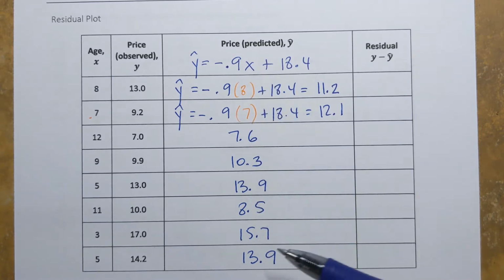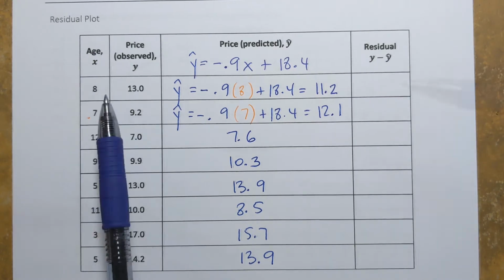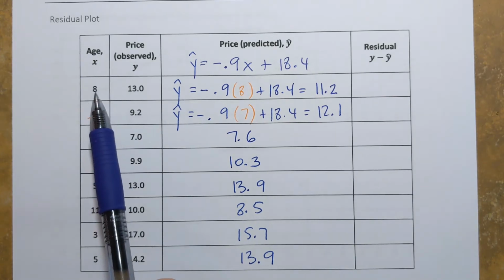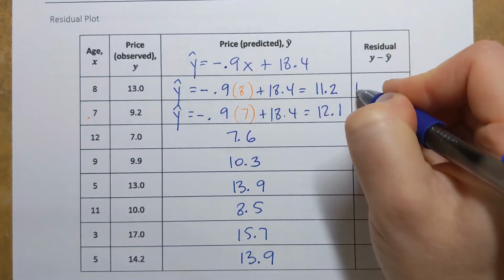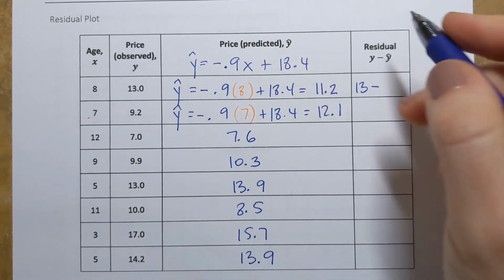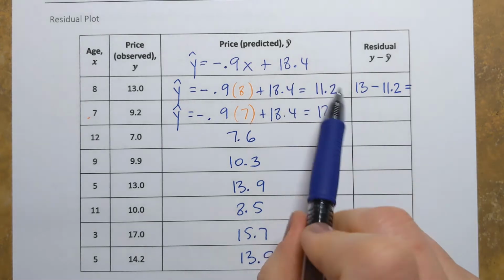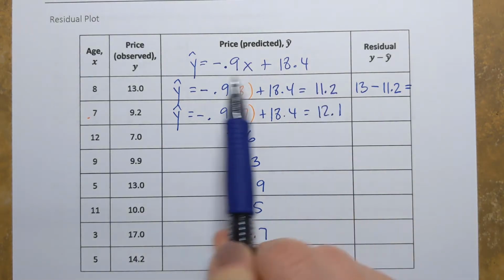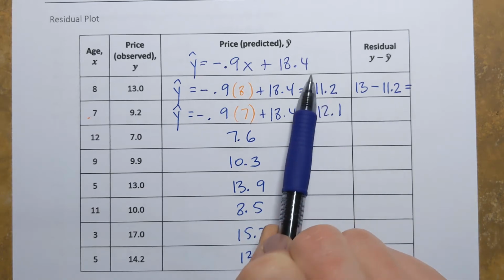So I plugged values of the explanatory variable into the regression equation one by one, and these are the values I obtained. Next, we're going to complete the last column, the one called residual. For each value of the explanatory variable, we take the observed price, that's 13 for the first one, and subtract the predicted price, 11.2. We can see that the predicted price is below the observed price, so that means that we underestimated.